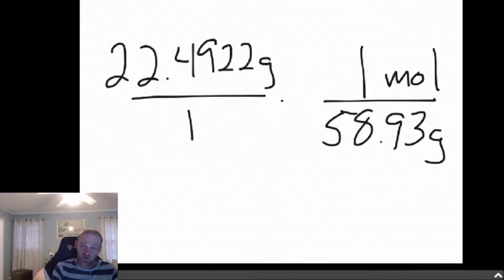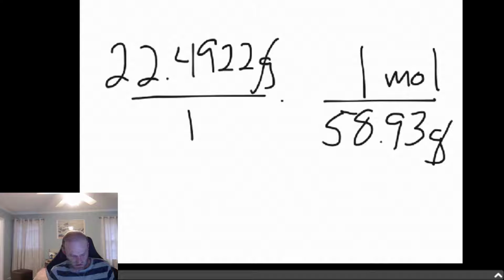I've inverted that so that I could cancel out the grams. Just make sure you keep your units right when you're doing this. So now I multiply that, grams cancel. Calculator.